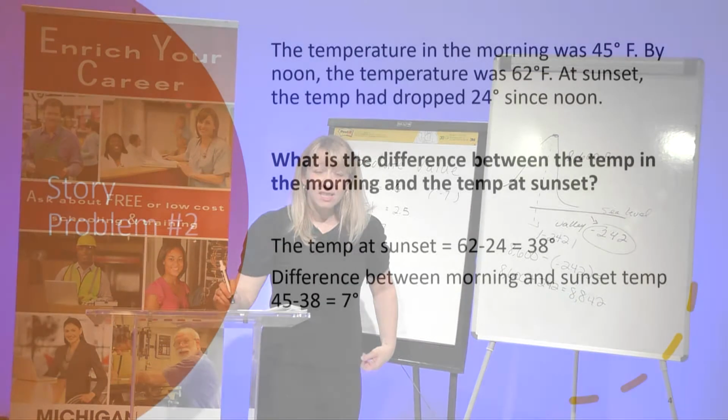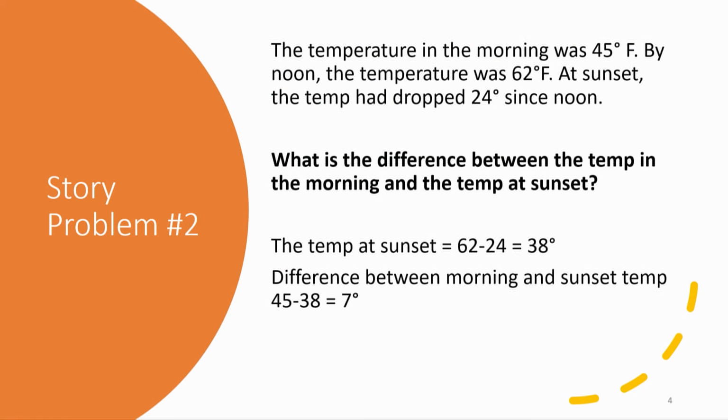The next slide, we're talking about temperature. So a lot of times you'll see these integer story problems talk about temperature, because as we know, temperature goes up and down. It can be above 0, it can be below 0. So story problem number 2, the temperature in the morning was 45 degrees Fahrenheit. By noon, the temperature was 62 degrees Fahrenheit, so you know it went up.